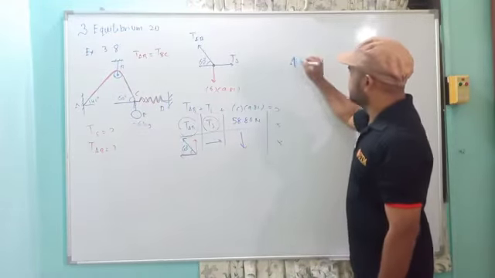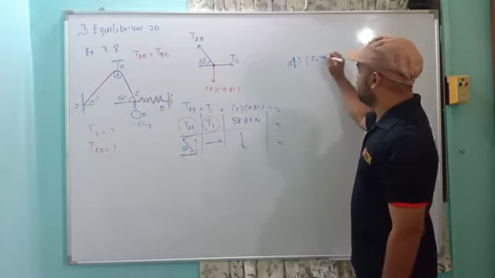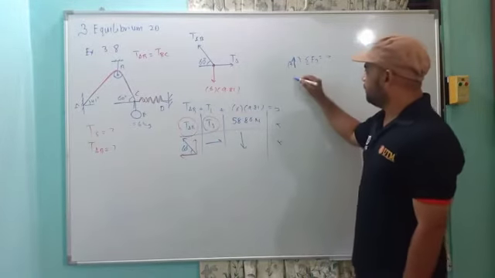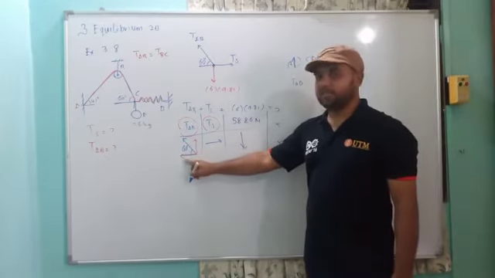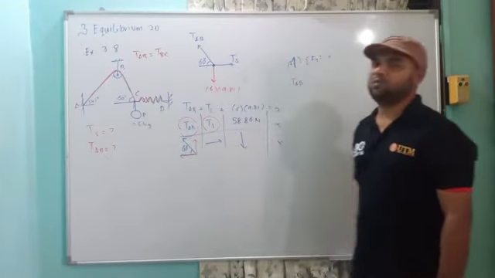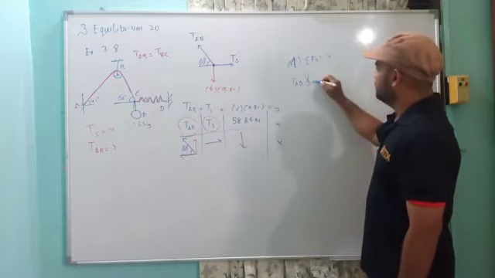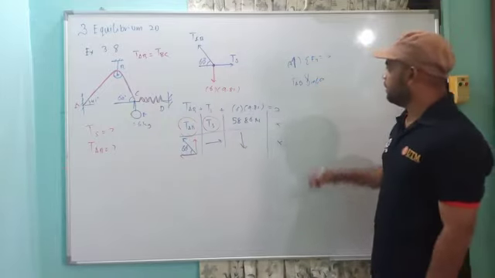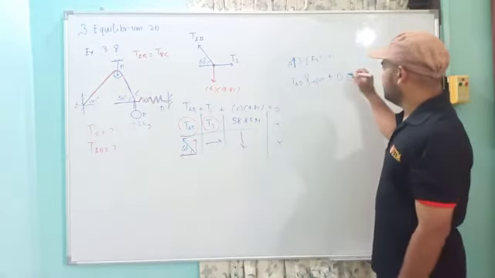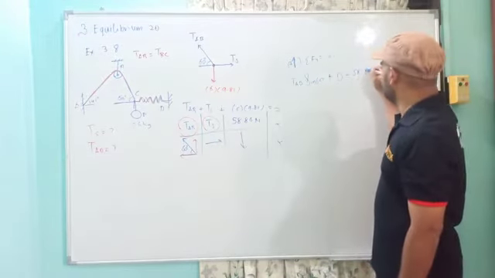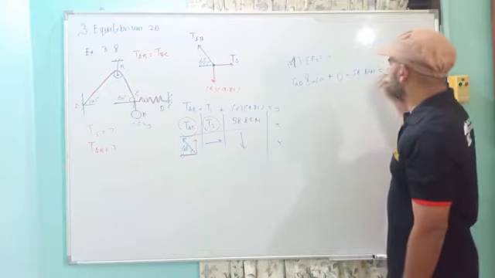So with this direction positive, sigma Fy equals 0. So you have TAB. Going through 60 degrees to x, x will be cos, so the other one, which is y, will be sine 60, plus this one is 0, minus 58.86 Newton equals 0.